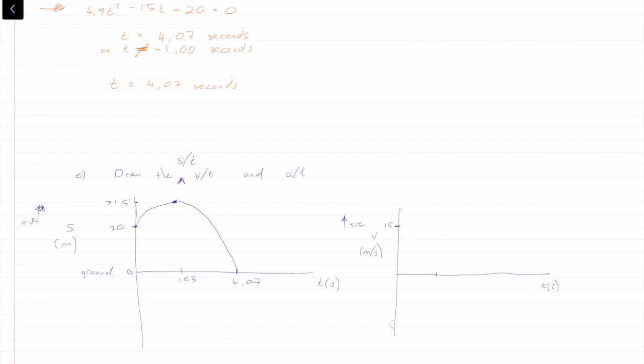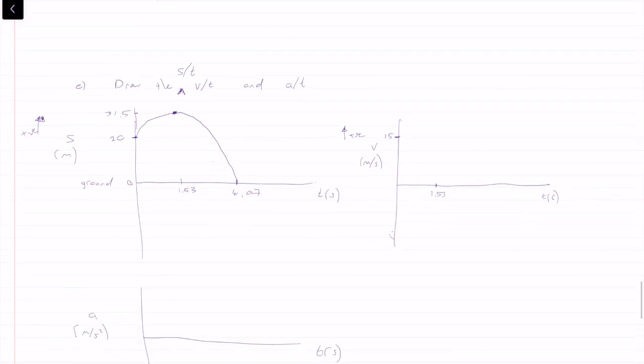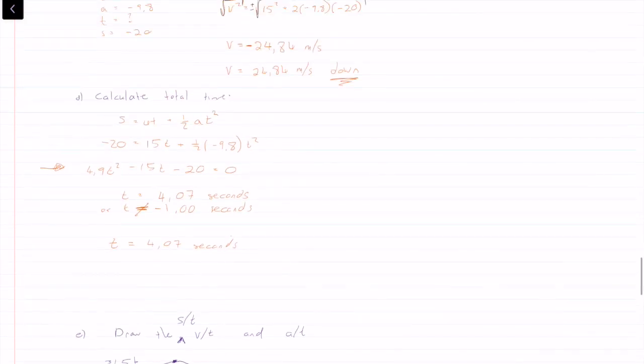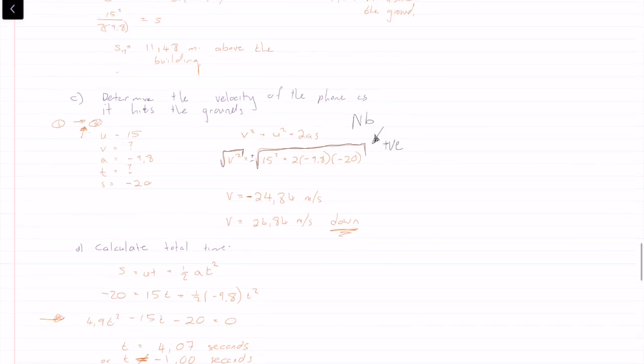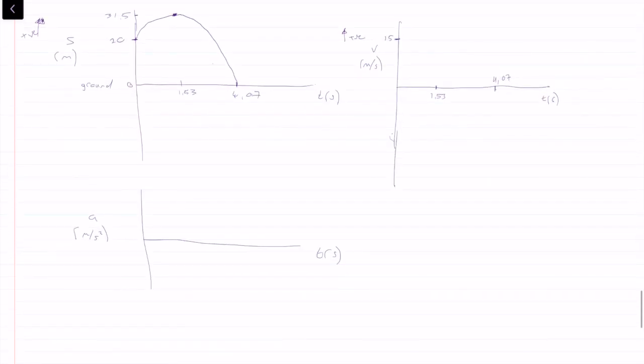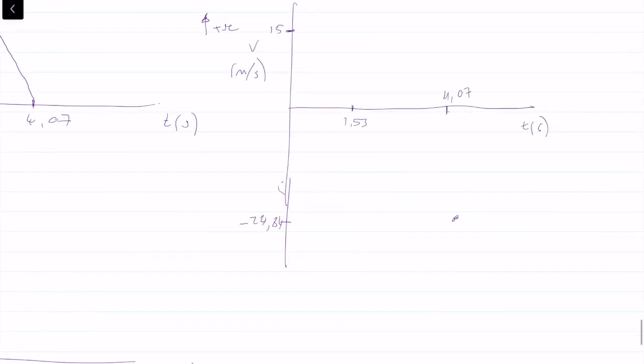At time equals 1.53, we know it goes through the 0 point. And we know that at time equals 4.07, it has a velocity of minus 24.84. Okay, these graphs are very rough, so you guys should probably draw them a bit better.